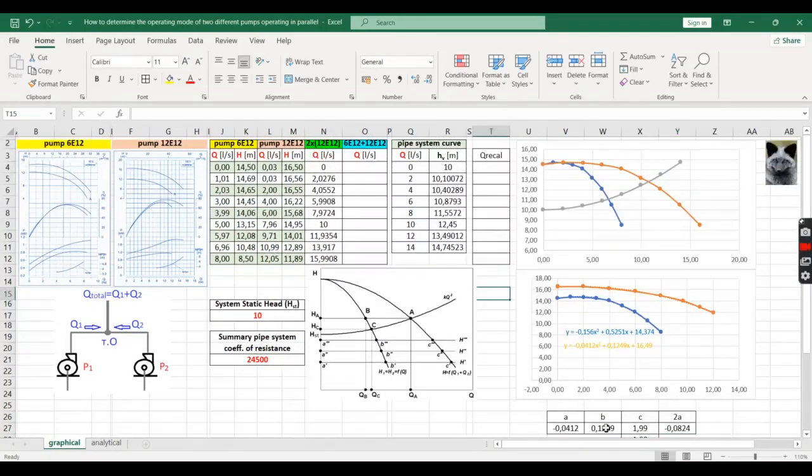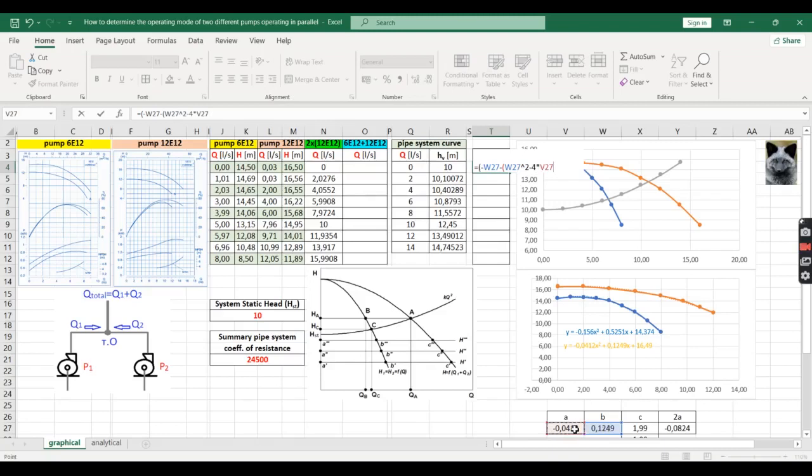Now let's use these coefficients so to recalculate the flow rate. For this aim, we have to take minus b minus square root of b squared minus 4 times a multiplied with c. We have to close the brackets. Don't forget to put this at the relevant grade. And finally divided with 2 times a.